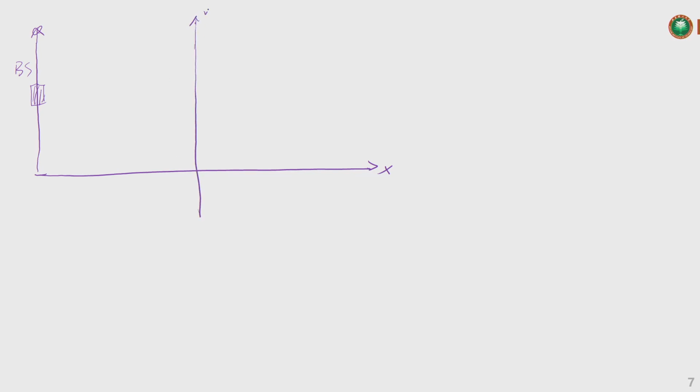So here is the y-axis, (0, 0), and our mobile user is located here. And here is maybe a tall building.